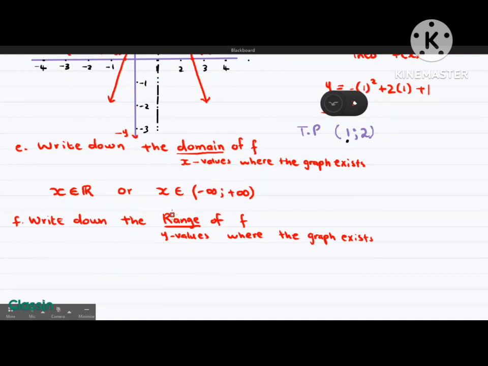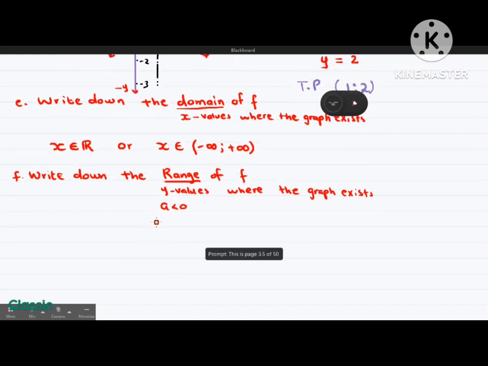Therefore, if a is less than 0, the graph opens downward, and the answer for this is that Y is an element from negative infinity until y of the turning point. If a is less than 0, this is your range.